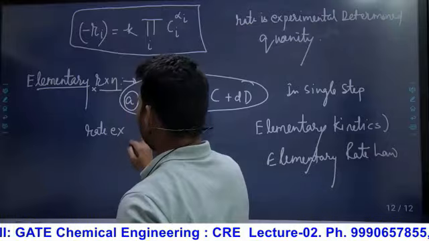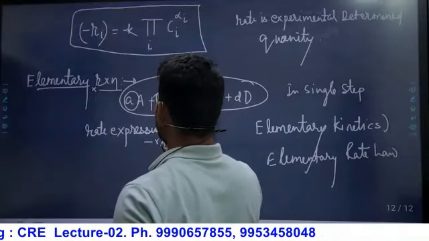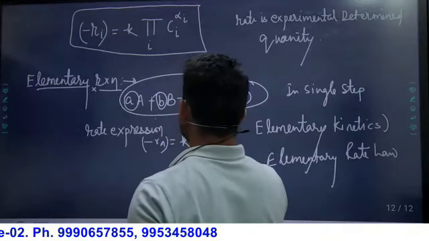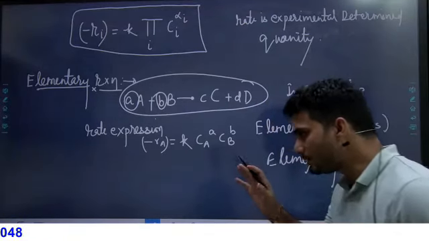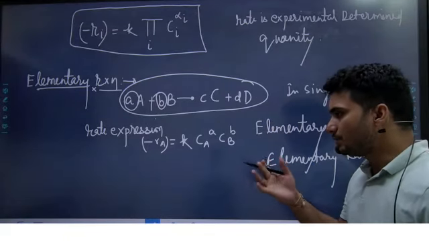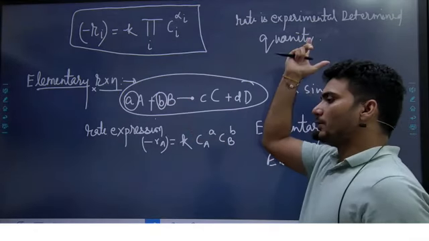Then you can tell, because this reaction is an elementary reaction, its rate expression will be k Ca to the power a, Cb to the power b. Otherwise you cannot tell what the rate expression will be for this reaction.